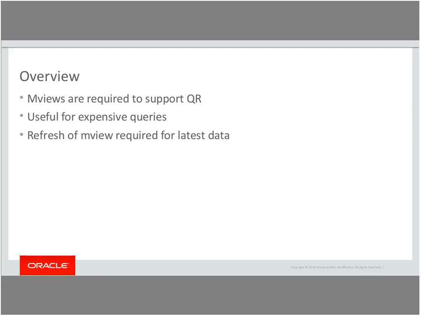Refresh of the materialized view is required in order to get the latest data in the user query. Otherwise, the result will not be in sync with the master objects.